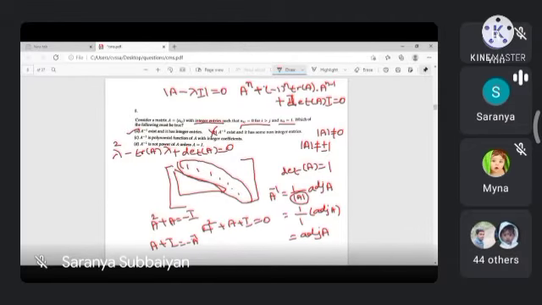Suppose the determinant is 6. I'm taking an example. A squared plus A plus 6I equal to 0. It means the determinant is 6, right? So A squared plus A is equal to minus 6I. You multiply A inverse on both sides. A plus I is equal to minus 6A inverse.